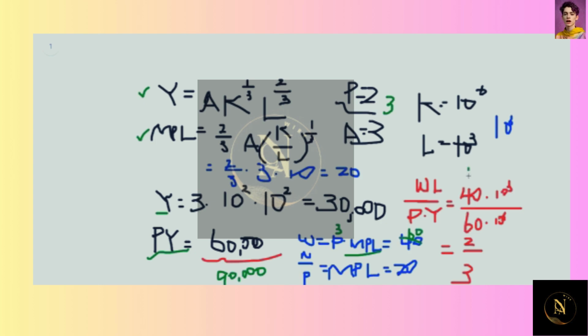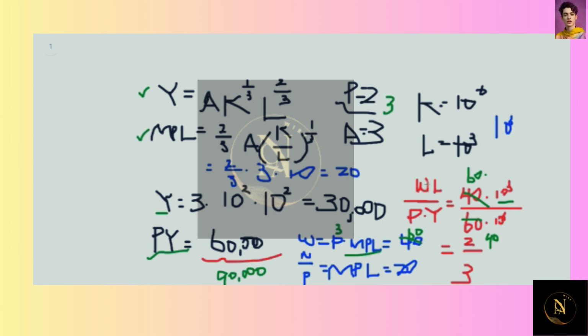So wage is now 60, right? And then L doesn't change, so it remains the same. And then PY becomes 90 times 10 to the power of 3, right? So we can see that the labor share is still the same. Why is it the case? Because inflation increased the price, so it also boosts the wage proportionally, while in terms of real output, it doesn't change.